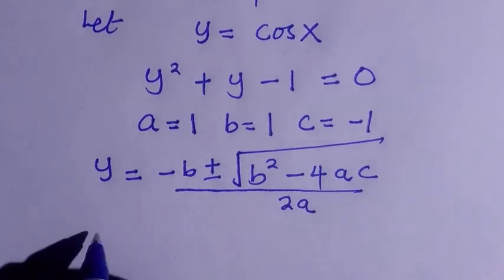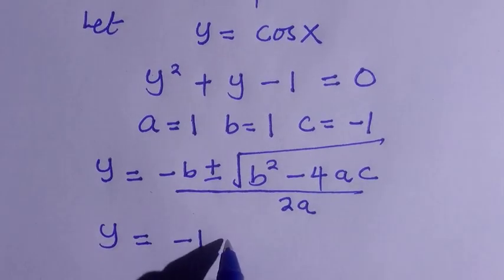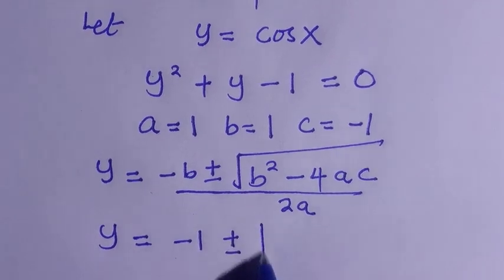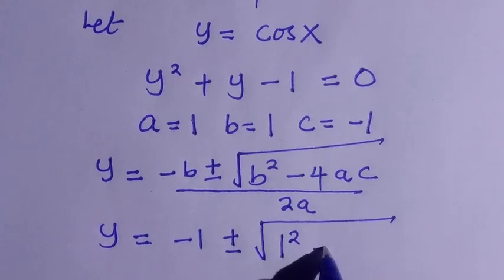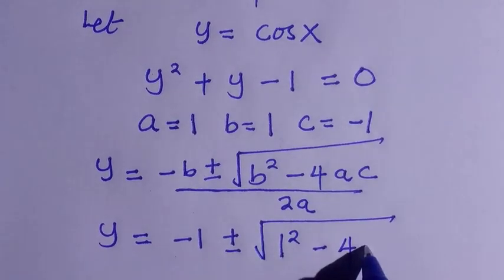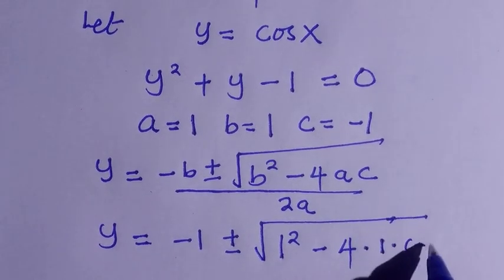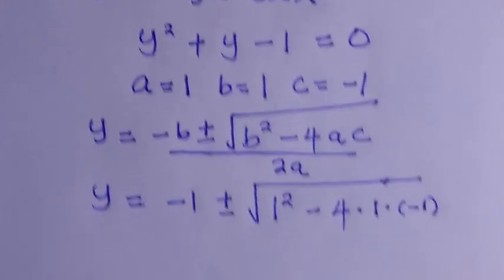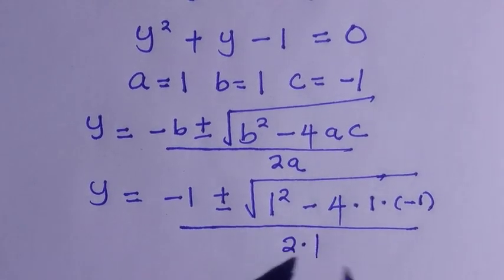And here we have y equals minus 1 plus or minus square root of 1 square minus 4 multiplied by 1 multiplied by c, which is -1, everything divided by 2 multiplied by 1.